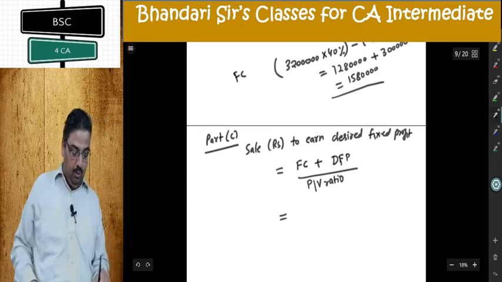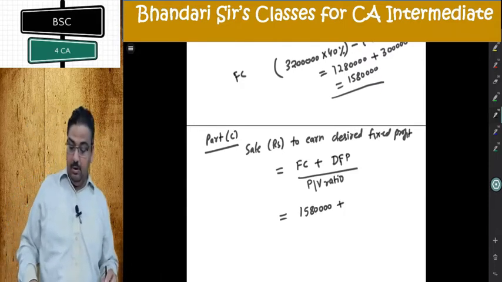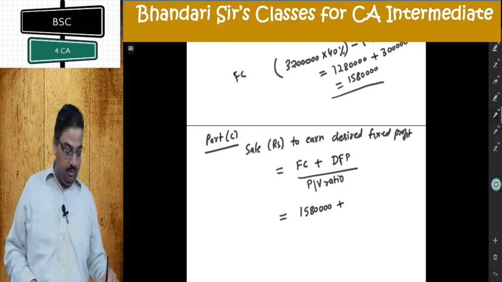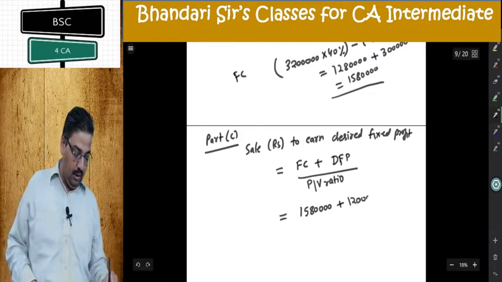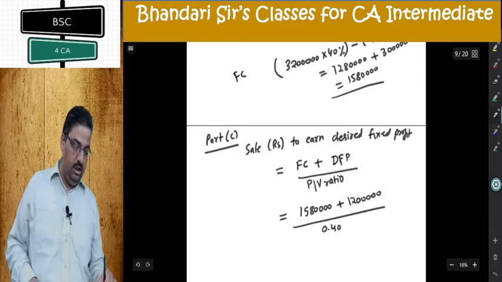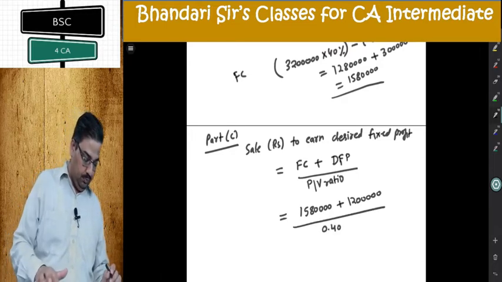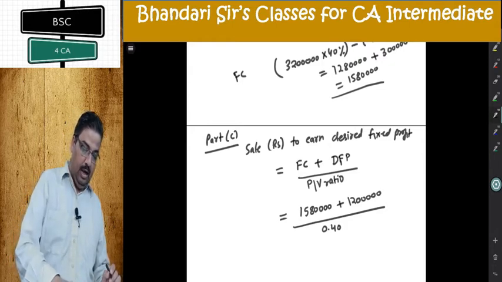Fixed cost I have computed 15,80,000 plus desired fixed profit. He has given in question desired fixed profit is 12 lakh. PV ratio I have computed 40%, means 0.40. 15,80,000 plus 12 lakh divided by 0.40.